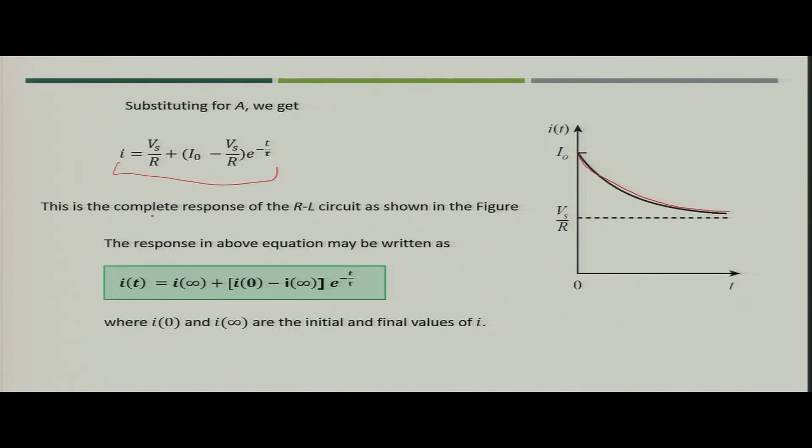So the complete response of the RL circuit can be written as the current at time t tends to infinity, that is I infinity, plus (I naught minus I infinity) whole into e to the power minus t by tau. I naught is the value of current at time t equal to 0, and I infinity is the current as t tends to infinity. These are called the initial and final values of current I.